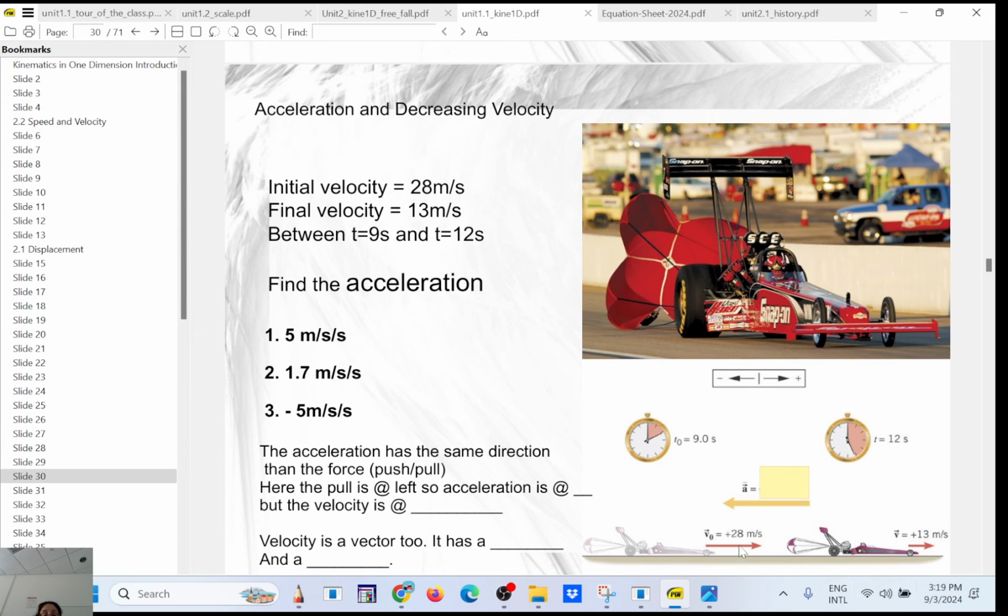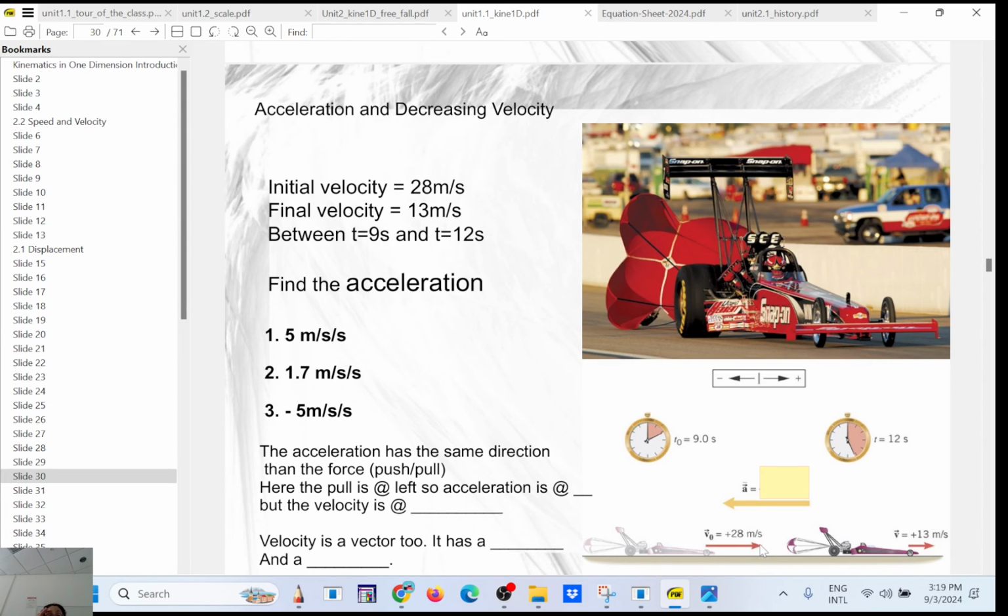So it means you start with 28. After 1 second, what's going to be your speed? Positive 23, right? Another second, it's going to be positive 18. Very good.